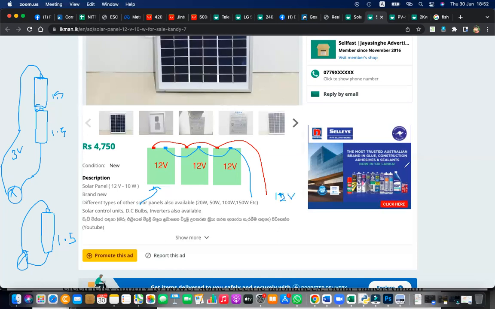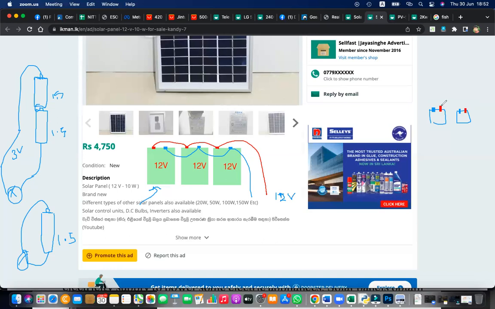But if you connect panels like this, this is not recommended, but if you try to connect panels like this, let's say this is cathode and there is anode as well. If you want, you can do it this way. Let's say there are two 12 volt panels.